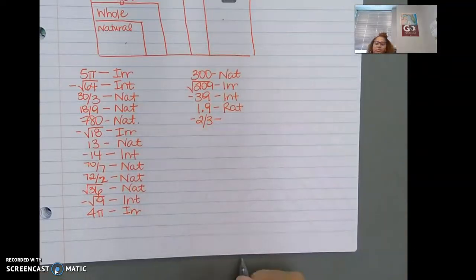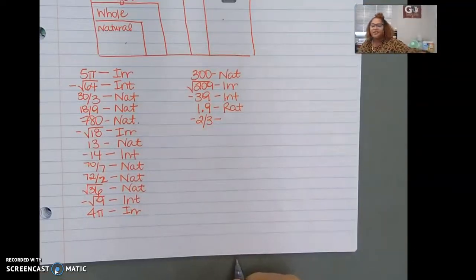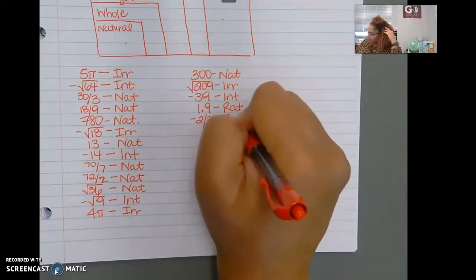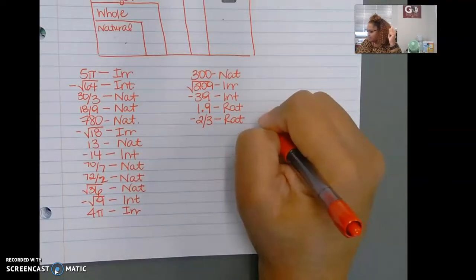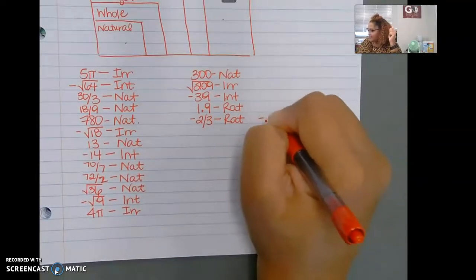Is it irrational or not? It's rational. Why? It's because it's a decimal. A decimal that what? That ends. It doesn't end. It repeats. What is -2/3 as a decimal? -0.66 repeats.